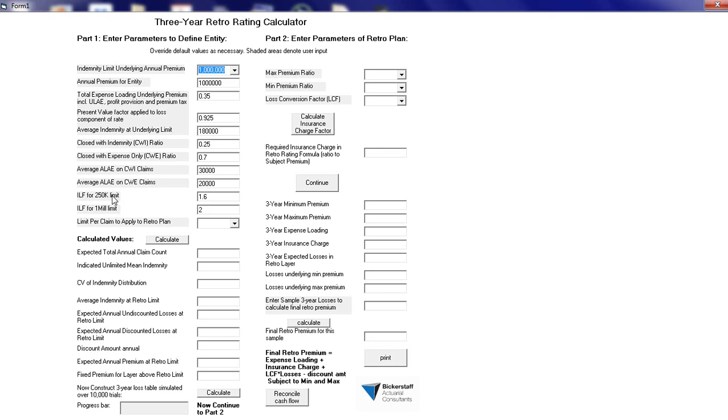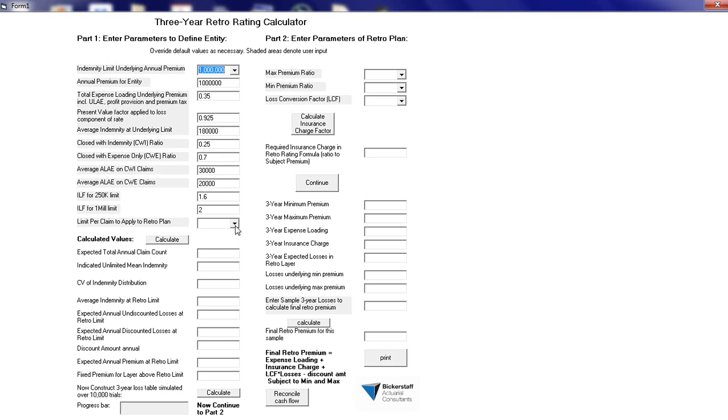Now, I've chosen these two limits not because we need to use the 250,000 limit as the limit that's going to be used for the retro rating plan, but these are just two points in the distribution, and with those two points and with this average over here, we are going to eventually come up with a distribution of indemnity by size.